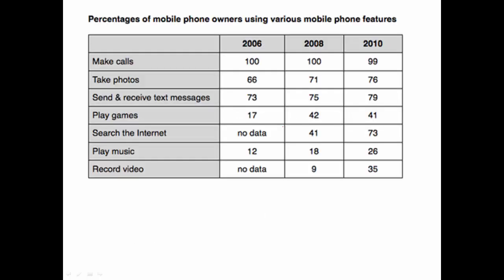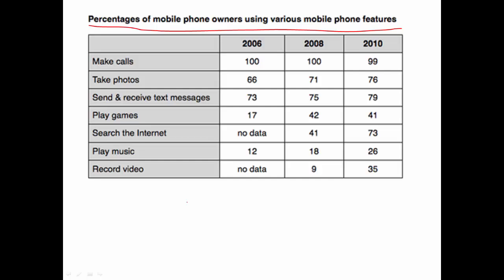So let's look at this question. Now, the number one thing that students do whenever they see a question like this is they start to read the data. They get lost in the data. You shouldn't do that. What you first should do is read this to understand it. Don't look at any of the data. So this is the percentages of mobile phone owners using various mobile phone features.